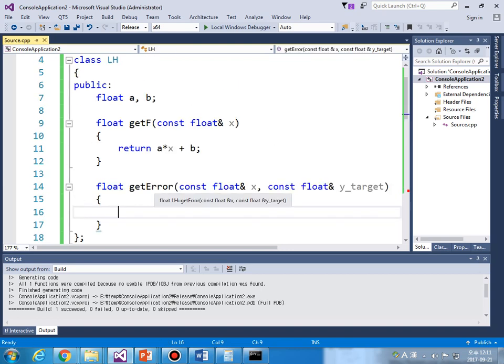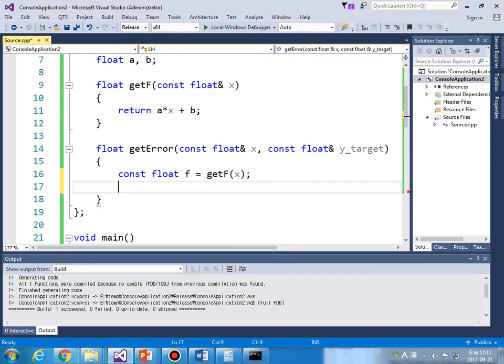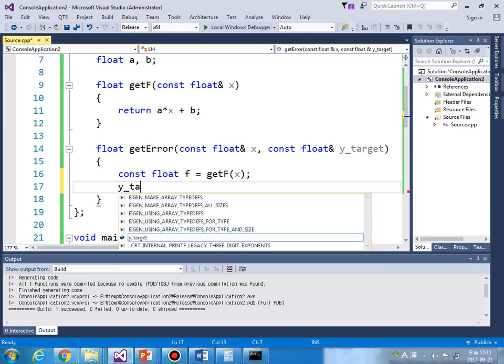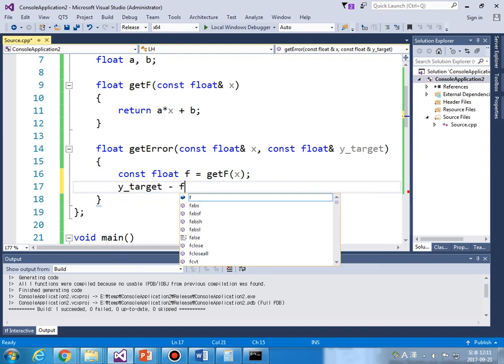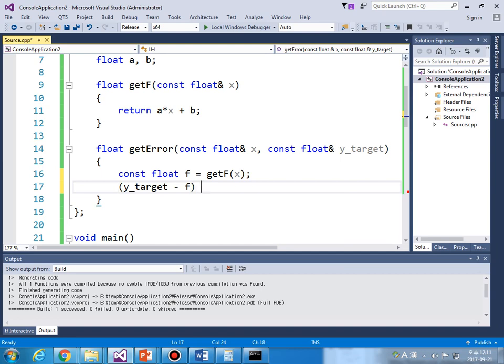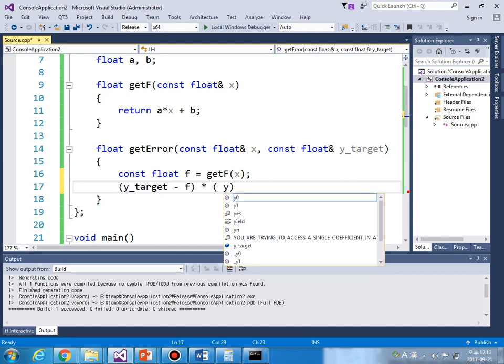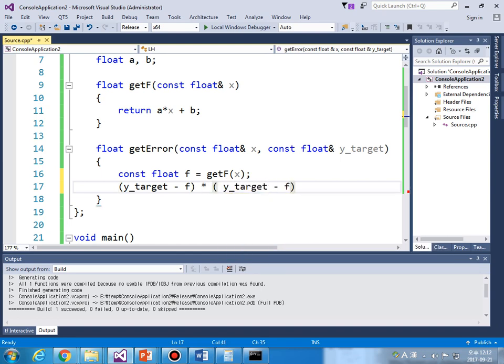So const float f is get f x, right? And y target minus f. Okay, so this is the error function.